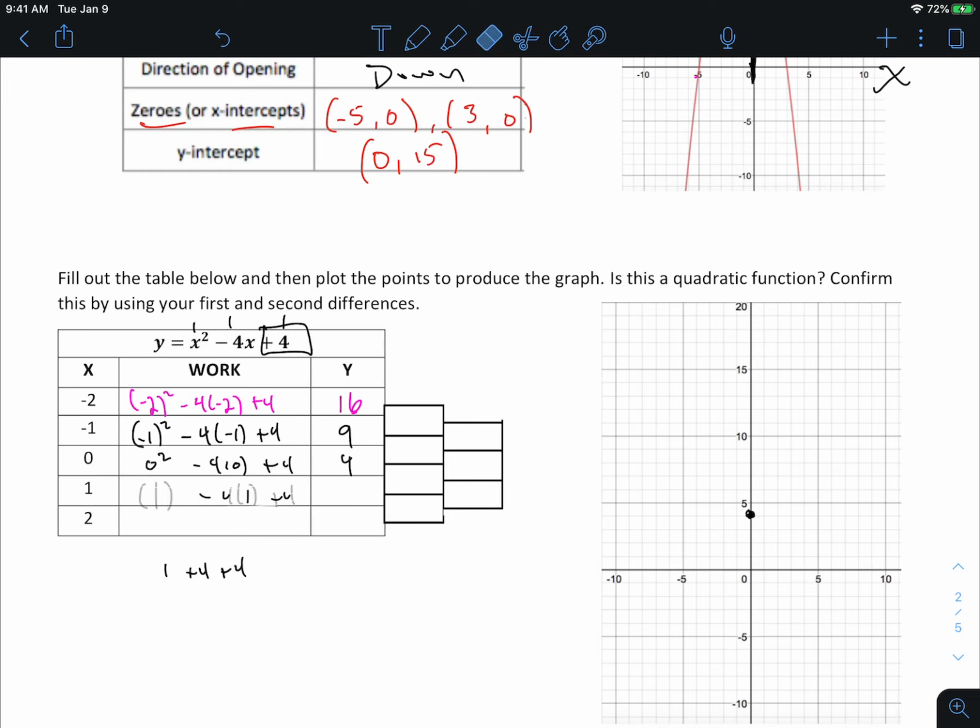Yeah, let's write it out neatly. 9 was a good guess, unless I'm doing something wrong here. The first one's 9. But what are we going to do? We're going to go 1 squared minus 4 times 1 plus 4. So if we write that out down here, this is where sometimes I even get tripped up in my head.